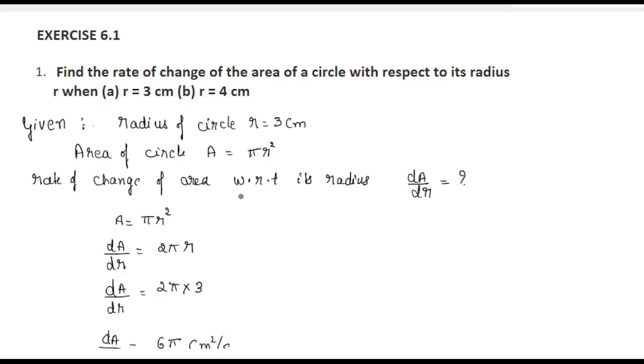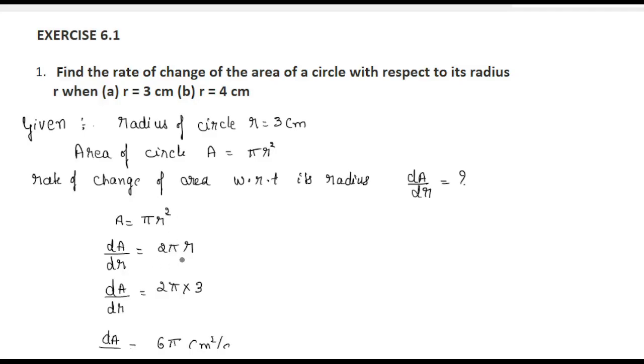So rate of change of area with respect to its radius, that is dA by dr. We need to find dA by dr. So on differentiating the formula A equal to pi r square, we get dA by dr equal to pi is a constant and differentiation of r square is 2r.